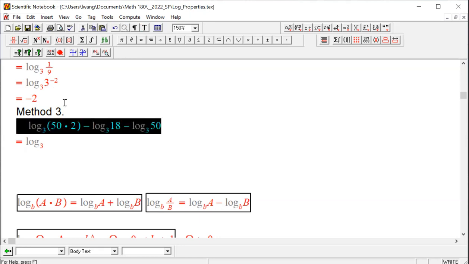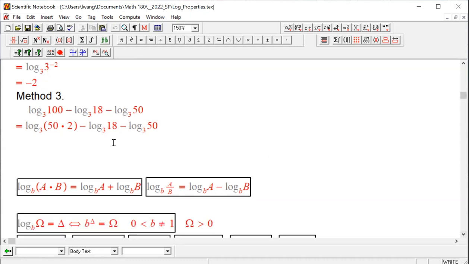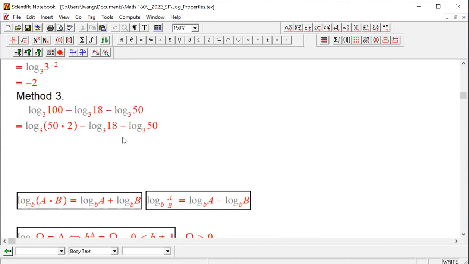I think I'll just make a different row. So we still keep that 100. So I break that, right? And 18, I can break it down as 9 times 2.